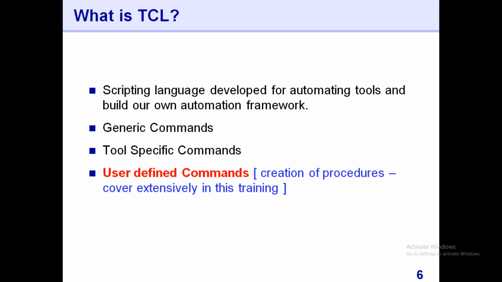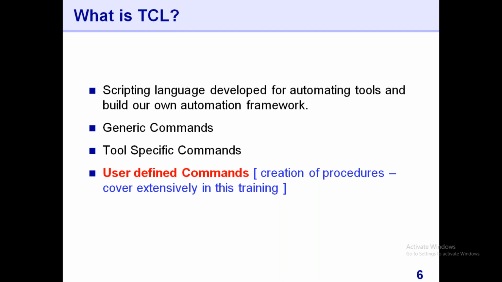Once I'm done with the procedure and source it, next time if I want to do the add operation, I just give add followed by two arguments, 2 and 3, and the output will be 5. Here we don't actually work on generic applications like addition, subtraction, or getting prime numbers between specific values.